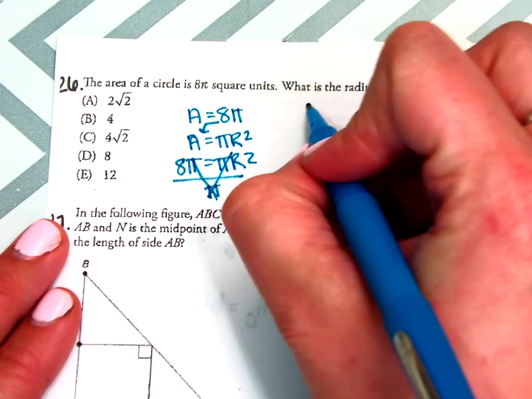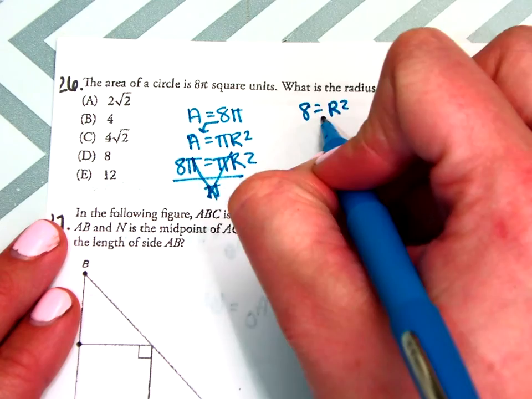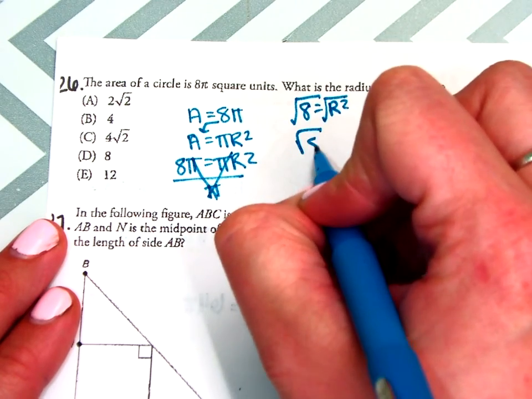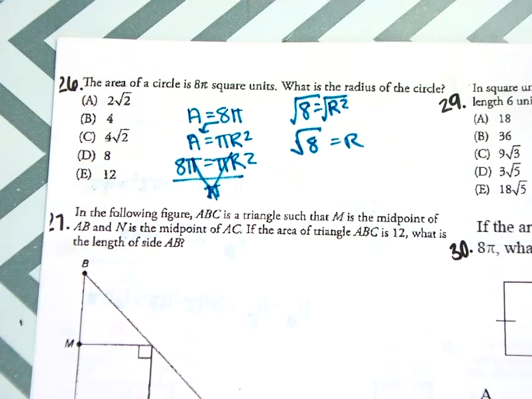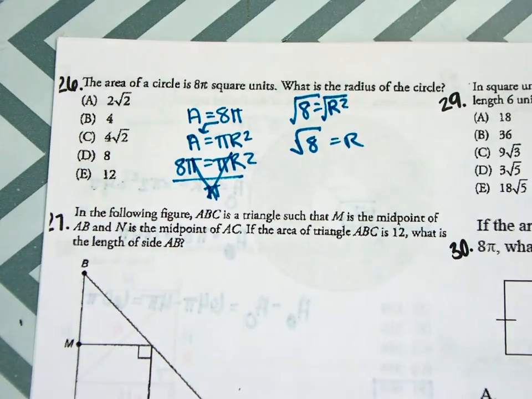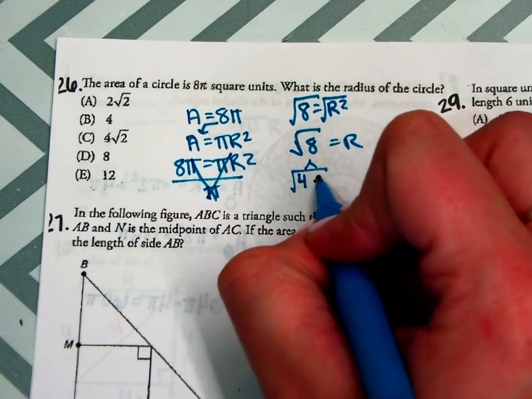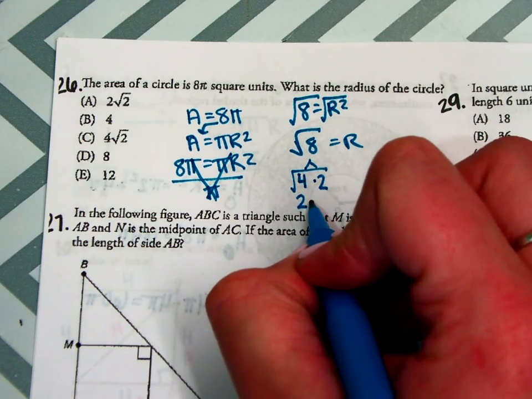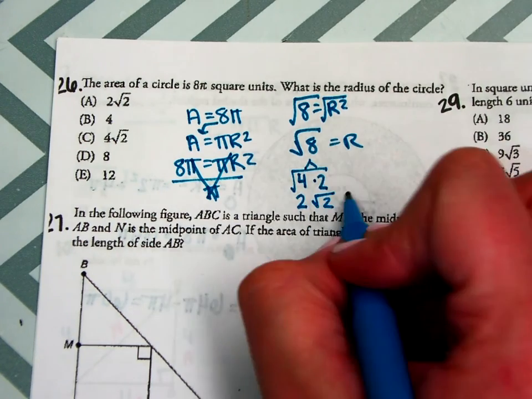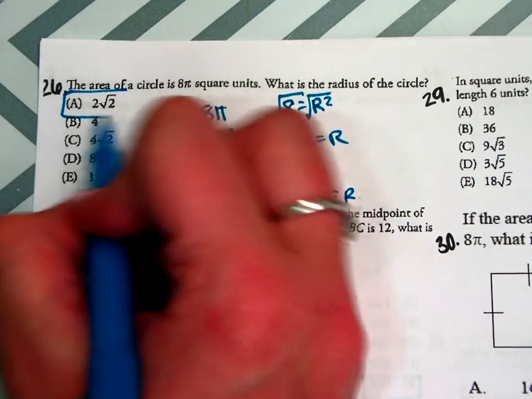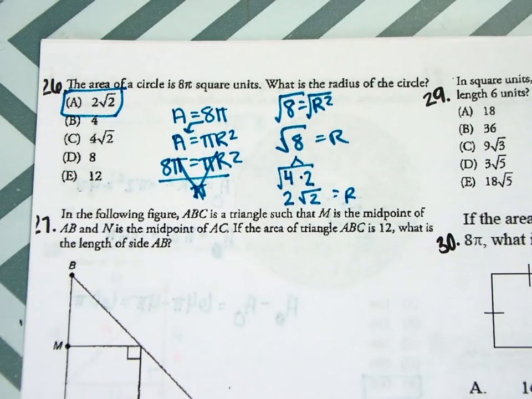Those pi's will cancel. I'm left with 8 equals radius squared. So the square root of 8 is equal to r. However, that's not an answer choice because it's not simplified. I can break the square root of 8 into the square root of 4 times the square root of 2. The square root of 4 is 2, so it's 2 square root of 2. And that's going to be your radius. So you do have to simplify your radical. Make sure you are simplifying to make this easier.